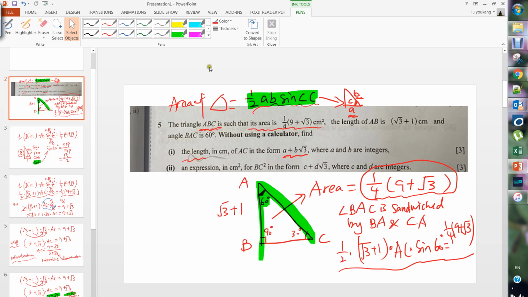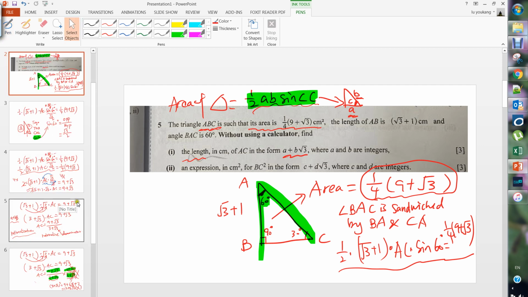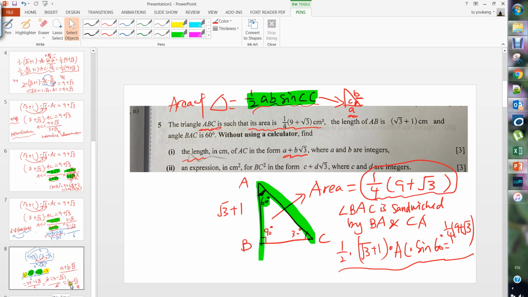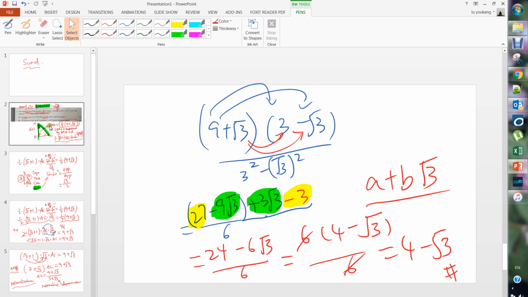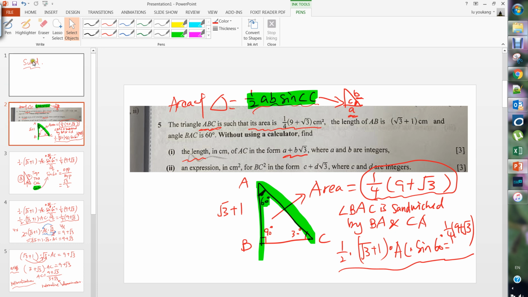So you have found this AC already. Okay, so this is your AC, 4 minus square root 3.